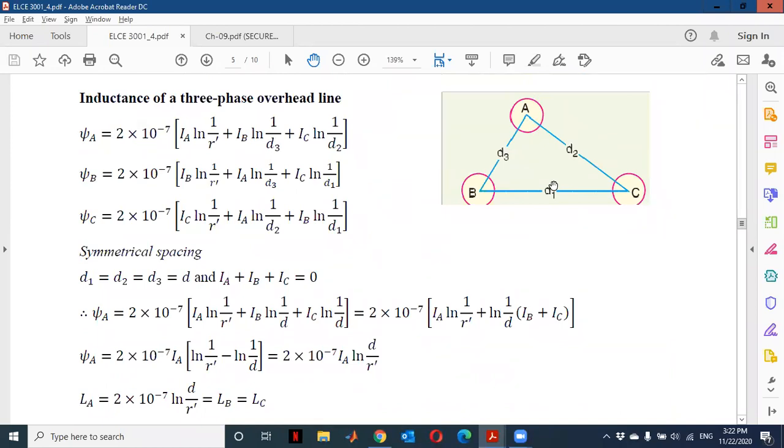Now, if we have asymmetrical spacing, we will have problems in the transmission line. Who knows what is the main issue of having asymmetrical system?